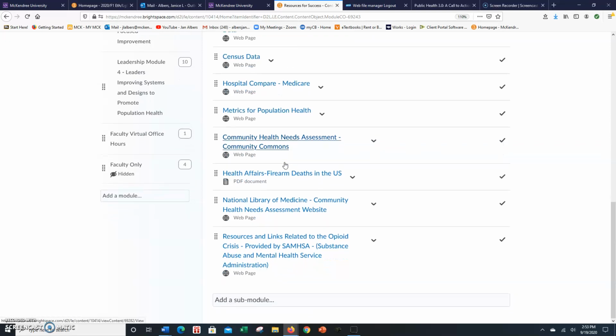And there are many, many resources here for some of those metrics that we spoke about, as well as one thing I do want you to strongly consider are those resources grounded in mental health. And too often we focus on physical health that is exclusive. We really need to look at how mental health also plays into physical health, and how physical health plays into mental health as well.